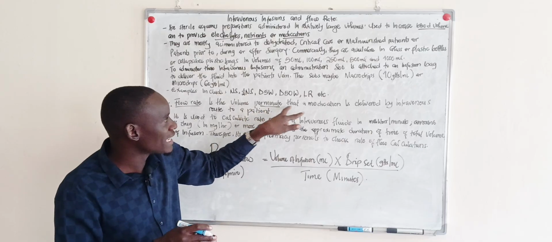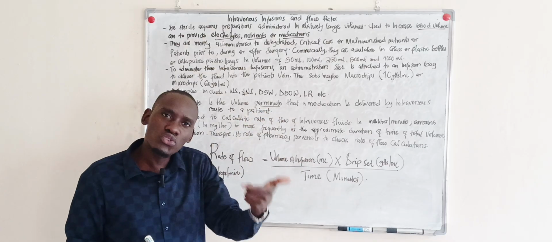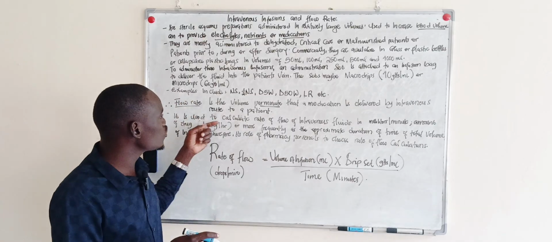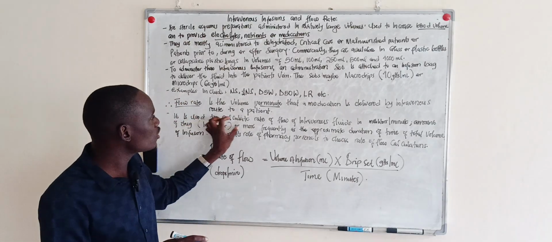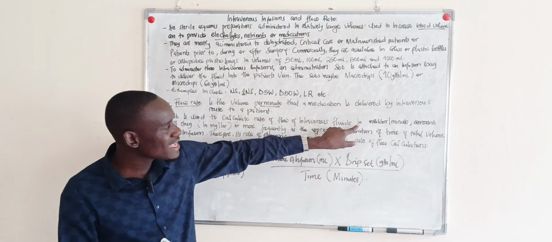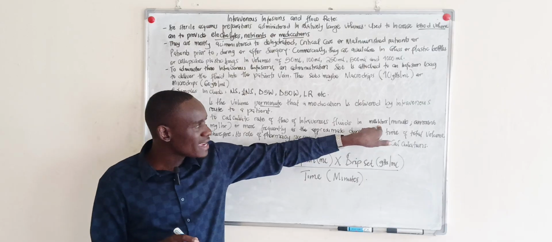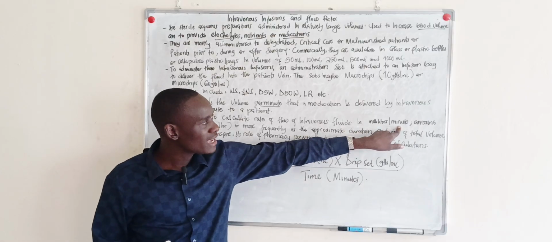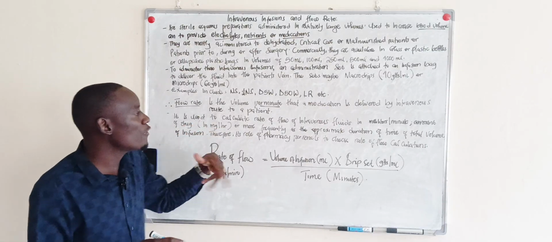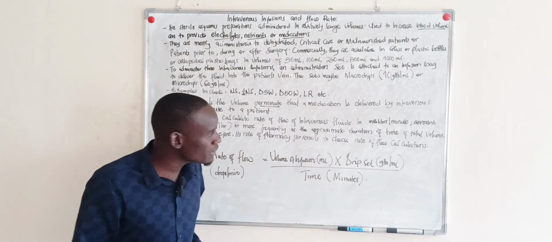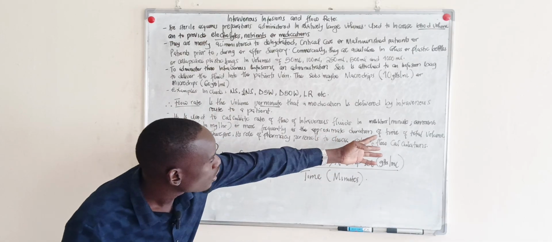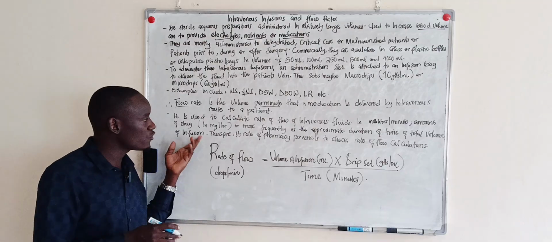Volume per minute that a medication is delivered to a patient by intravenous route. And it is used to calculate the rate of flow of intravenous fluids in milliliters per minute, or sometimes the amount of a drug in milligrams per hour, or more frequently the approximate duration of time of the total volume of the infusion.